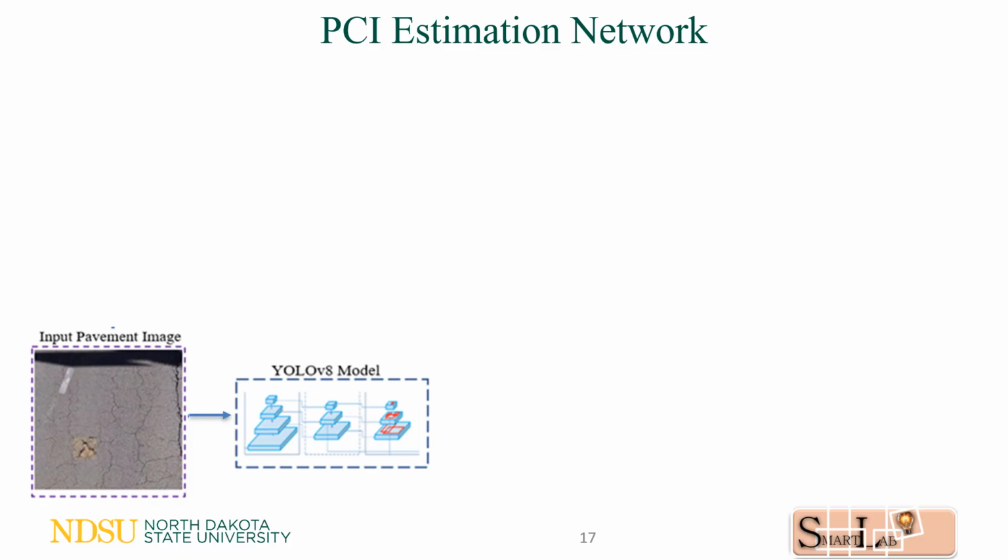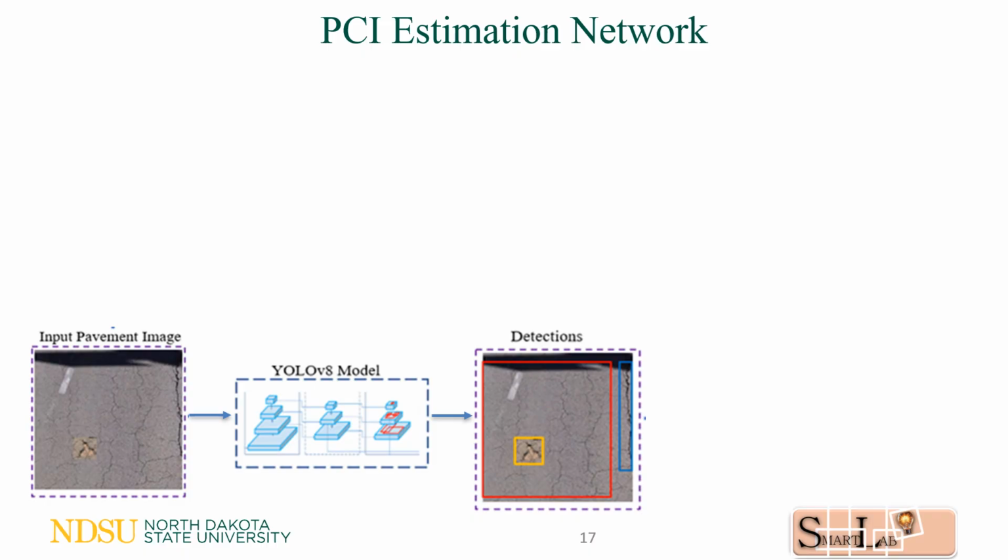So this is the final trained YOLO V8 model, which has been trained on the distress types and their bounding box coordinates. Now we pass this input pavement image through the V8 model algorithm, which is an object detection algorithm, to detect the distresses. So it tells us where the distresses are located in the image.